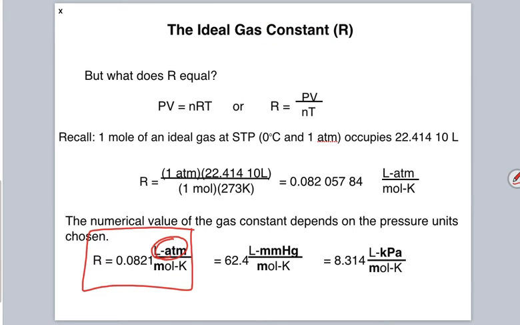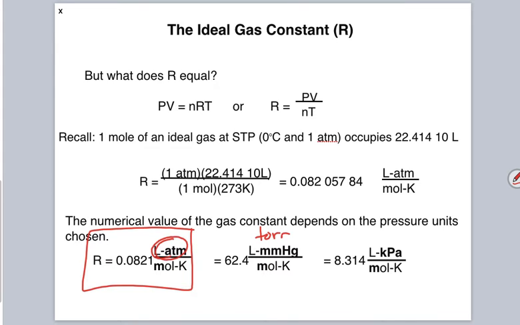0.0821. But remember, we have multiple ways of measuring pressure. We could measure pressure not only in atmospheres, but in millimeters of mercury or in torr. Well, if our pressure is in millimeters of mercury or torr, we would want to make sure we use the correct gas constant. We want to make sure that those pressure units match.